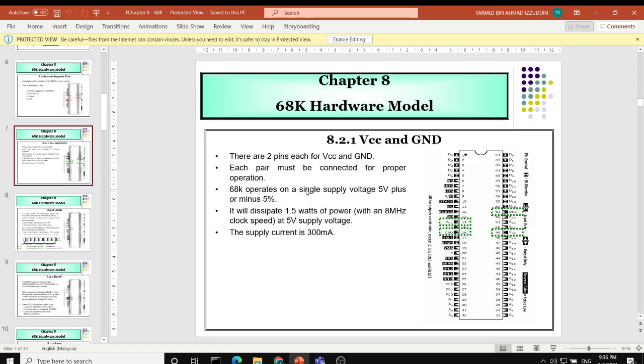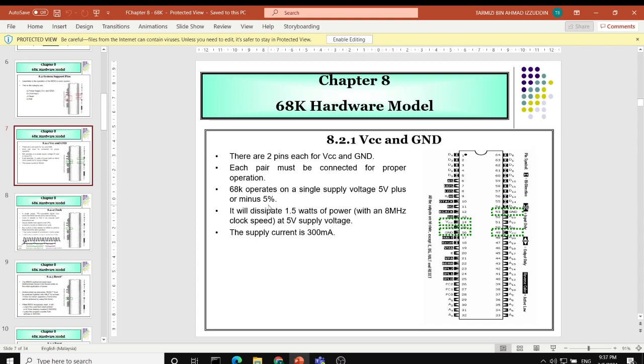Next, VCC and ground. What are VCC and ground? VCC is basically a power supply, and ground is a pin that is connected to ground. So there are two pins each, VCC and ground, for the 68K. Each pair must be connected for proper operation. The 68K operates on a single supply voltage of 5 volt with a tolerance of 5%. So you cannot connect a voltage supply exceeding or lower than 5 volt beyond the tolerance of 5%.